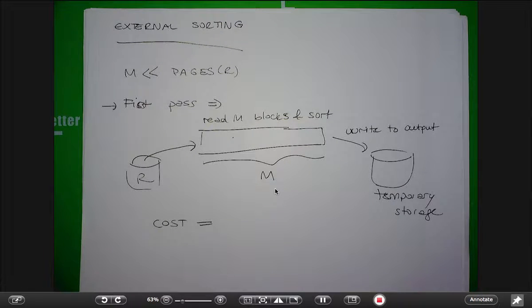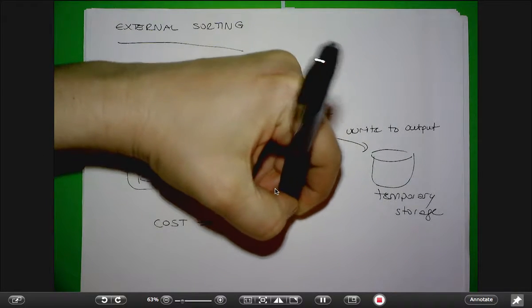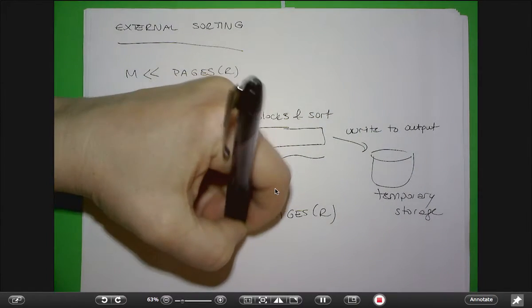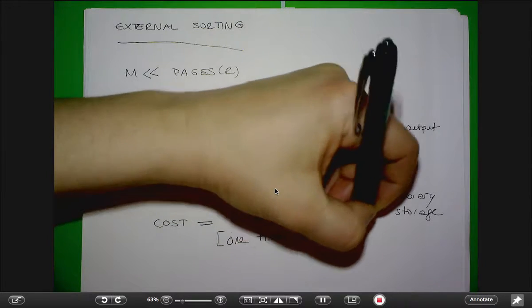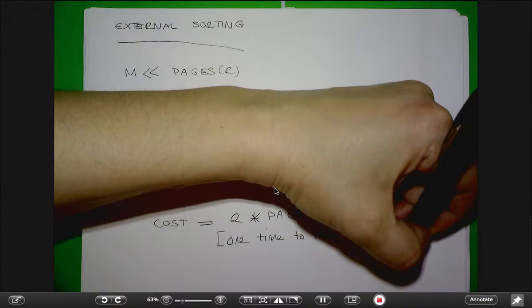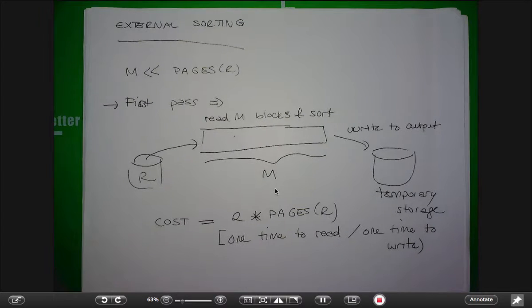So the cost of doing this is 2 times pages of R. So 1 time to read and 1 time to write. Okay. So this is kind of the step 1. Okay. So let's try and see a simple idea.